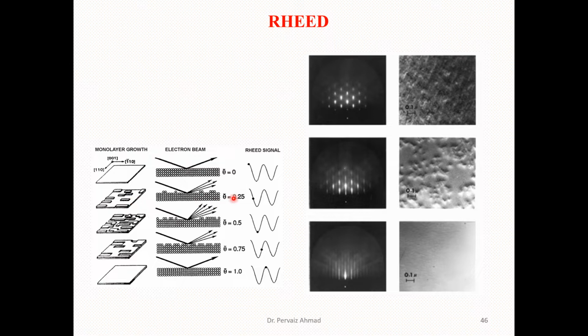If we further increase the angle to 0.5 degree, here you can see that we have more deposition of atoms on the substrate. In such a condition, the RHEED signal looks like this. We have the atom here, right in the middle of the first.